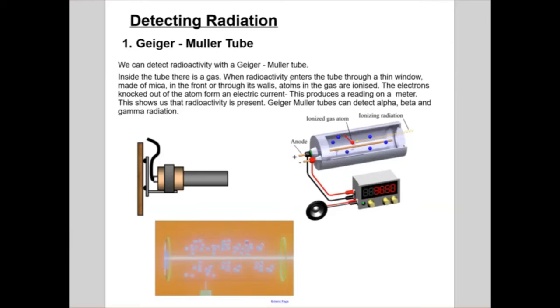And when radioactive radiation enters the tube through a thin window made of mica in front of this tube, or from the walls of this Geiger-Müller tube, what happens is that it would ionize the gas which is filled in this tube, right?